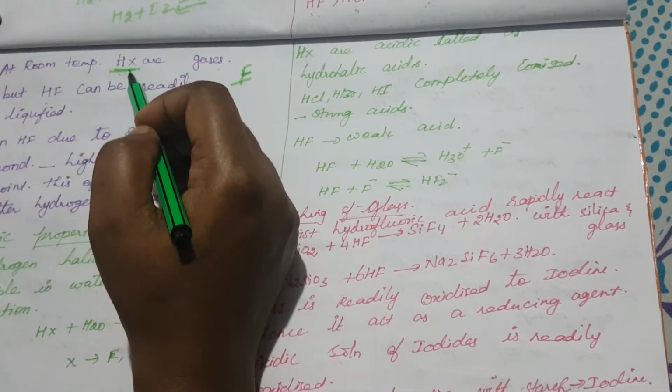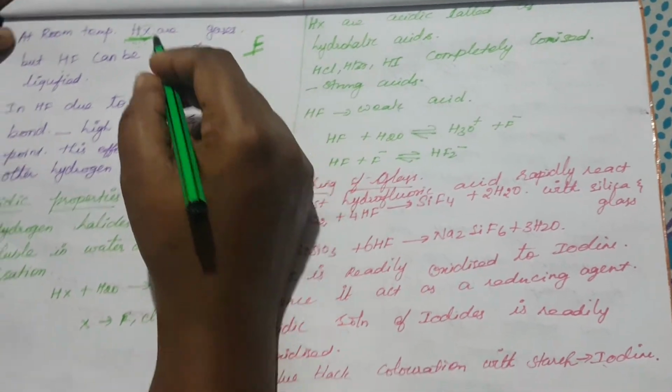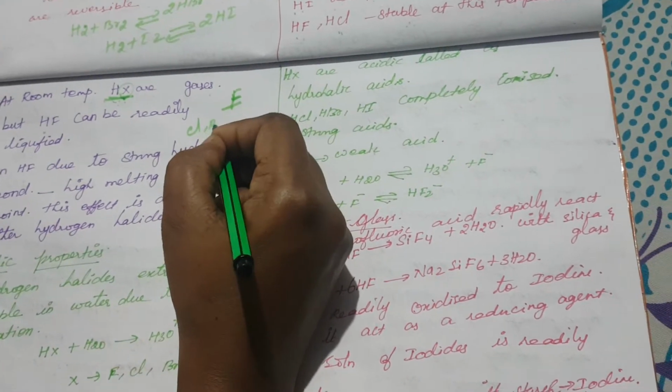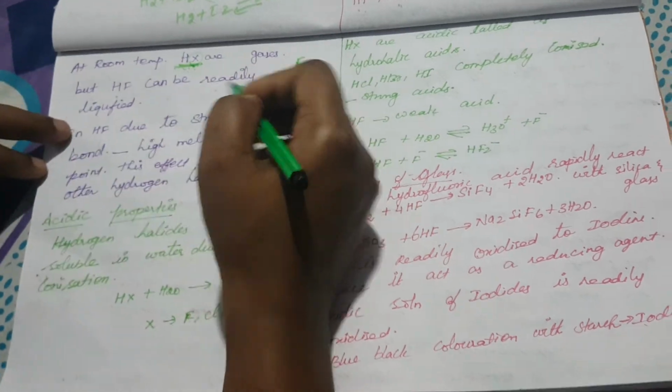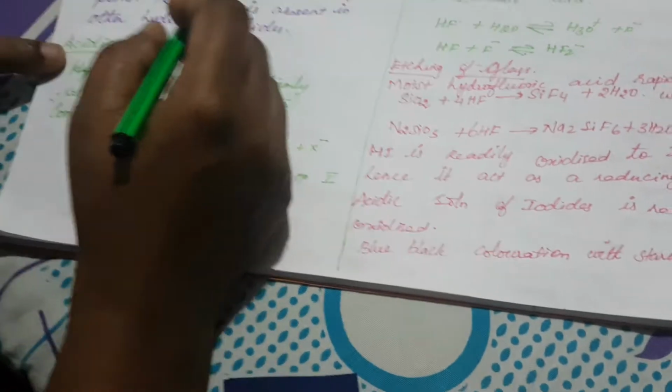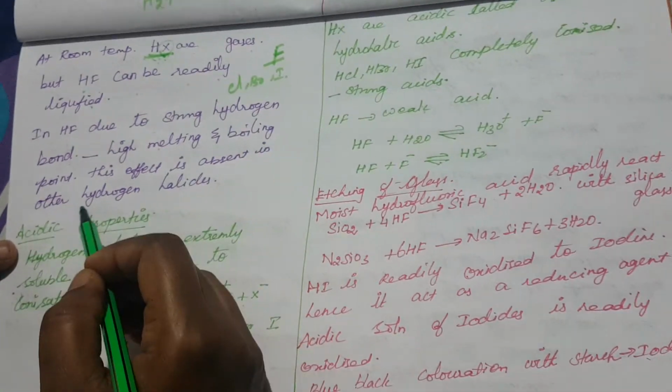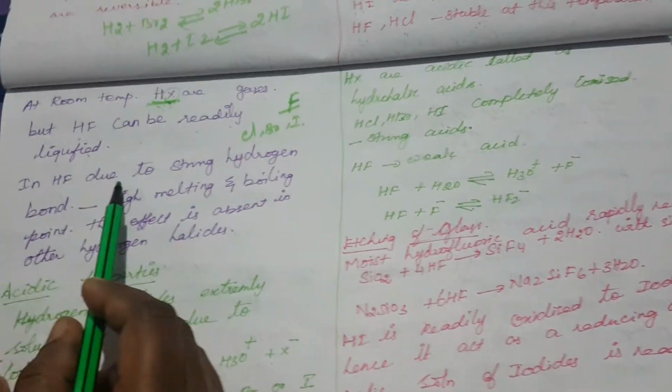In the other hydrogen halides, X represents chlorine, bromine and iodine. Fluorine is the exceptional one, as HF is readily liquefied. In HF, due to strong hydrogen bonding, it has a high melting and boiling point; this effect is absent in the other hydrogen halides. What is HF? We already studied it: hydrogen and fluorine.